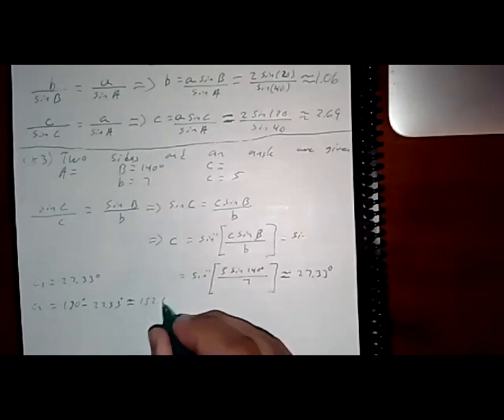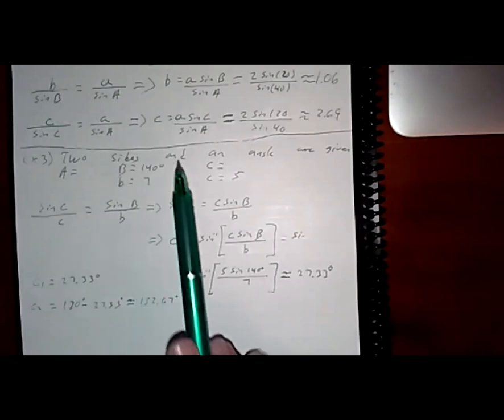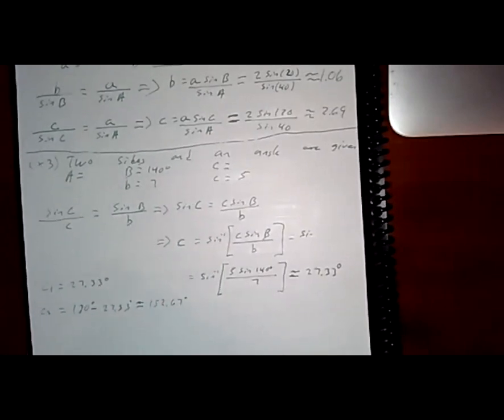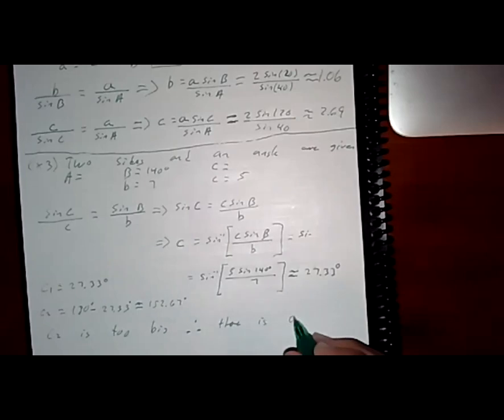So basically you have to check if both work or if one works, right? Now look at C2. That's 152 degrees, right? 152 plus the known angle, 140, is way bigger than 180, correct? So right away you see C2 is too big. Therefore, there is only one triangle.